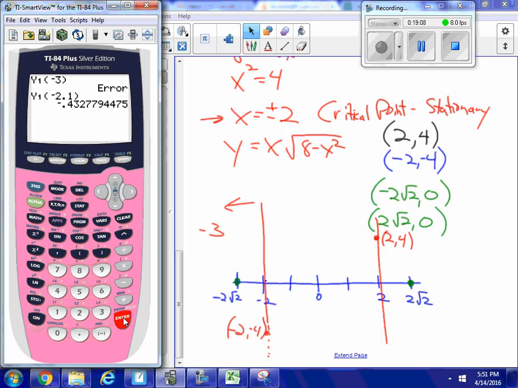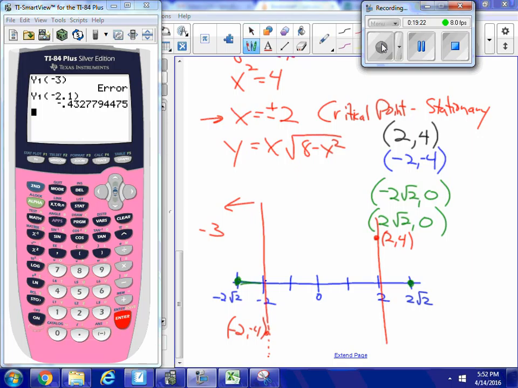It's a negative number. So my slope is going to be negative in this very first interval right here. Does that surprise me? Of course it doesn't surprise me.